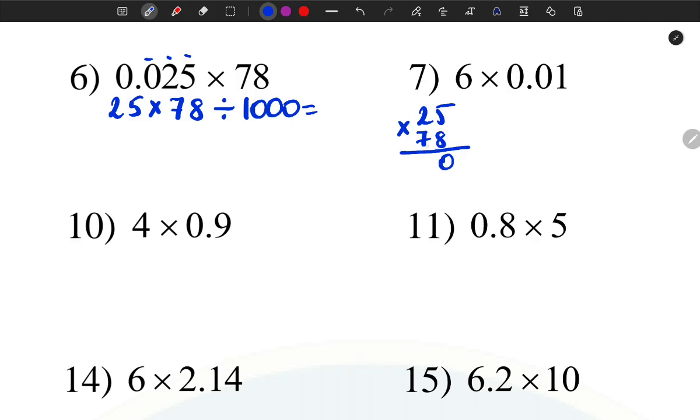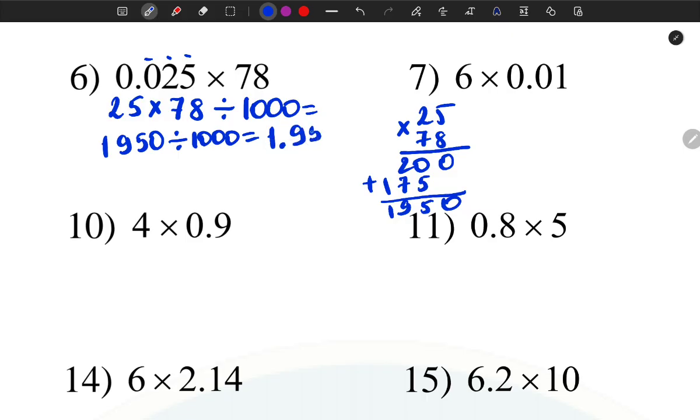To multiply by 8 gives us 16, 4 in our mind, we get 20. Then 7 multiplied by 5, 35, 5 we write here, then 3 in our mind. To multiply by 7 gives us 14, 3 in our mind, 17. Then we need to add these numbers, we get 0, 5, 9, 1. 1950 divided by 1000, and we get from here 1.95.